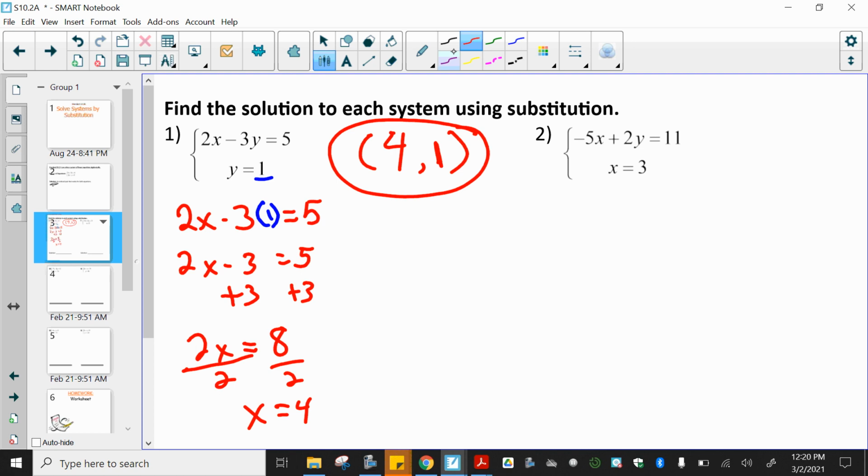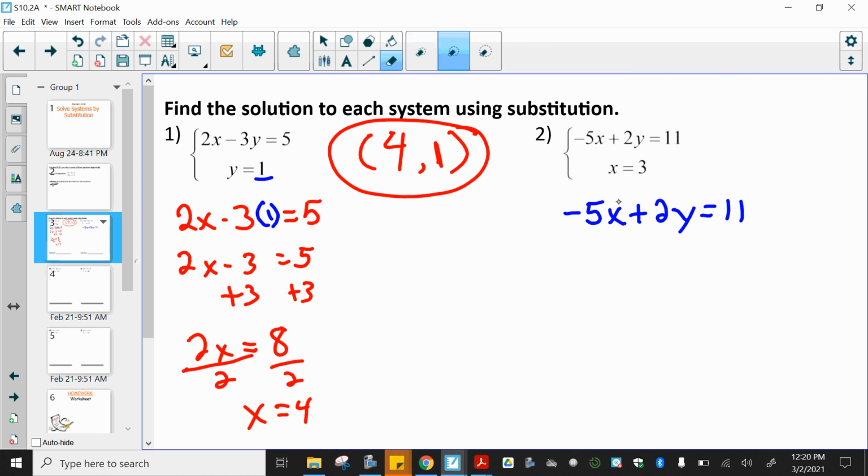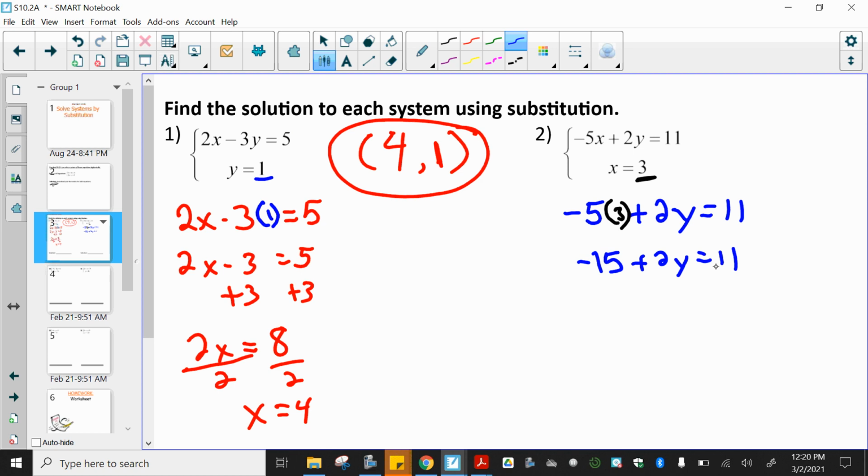Right, let's do it again. This time I'm going to write negative 5x plus 2y equals 11. And I'm going to look at my other one. Oh, it's x this time. So I'm going to take out x, and I'm going to put in 3. It's negative 5 times 3 is negative 15 plus 2y equals 11.